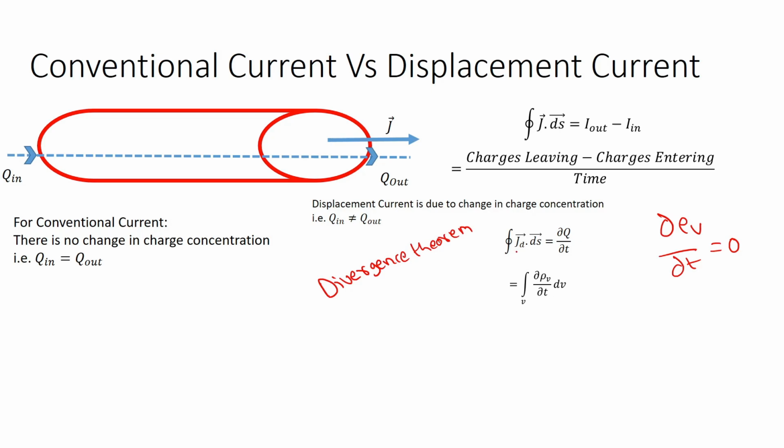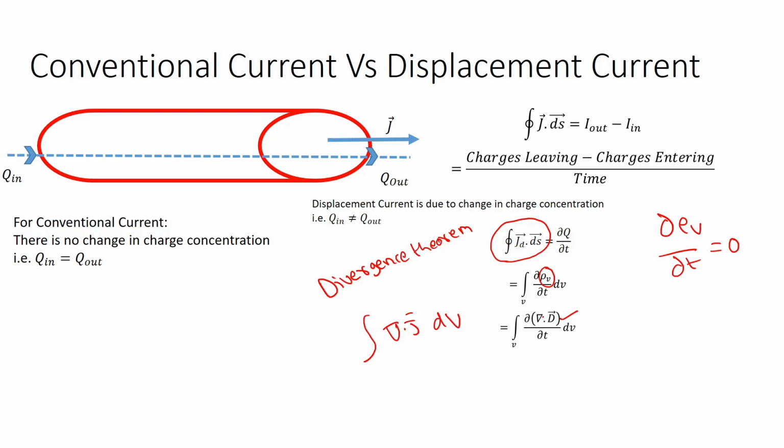The divergence theorem says that any closed surface integral can be rewritten as the volume integral of its divergence. So the volume integral of divergence of J bar dv is equal to, as you know, this rho v can be written as the divergence of D bar.